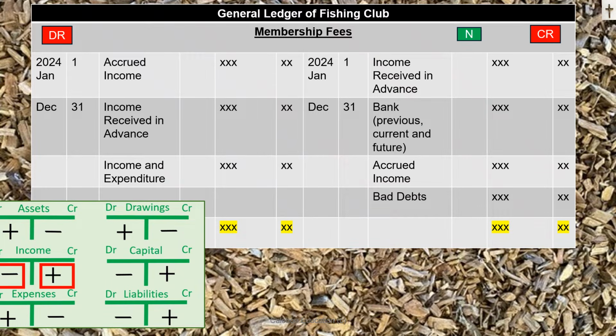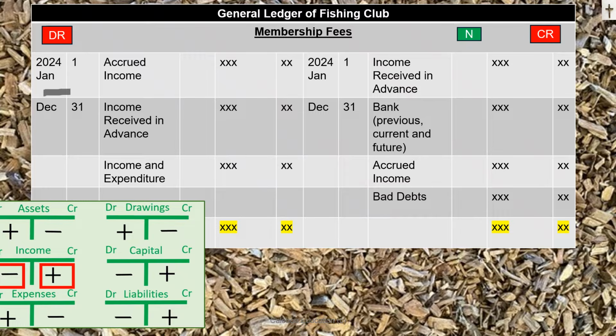Now when you do a question like this, like I said in class, my suggestion is you learn the format or what goes into the membership fees account. And what goes into the membership fees account were those exact transactions in the previous slide that I mentioned.